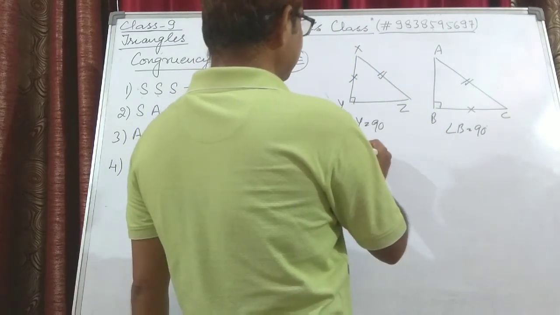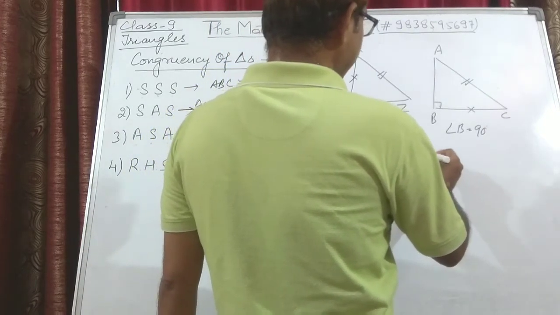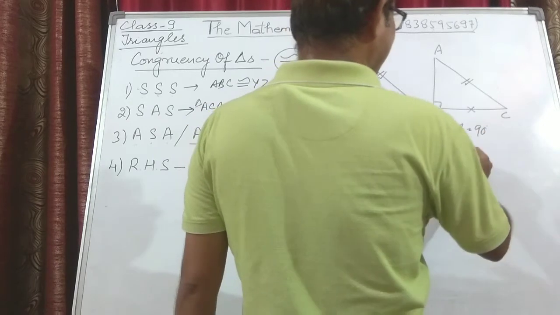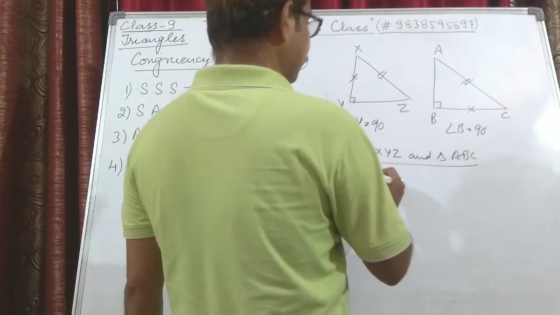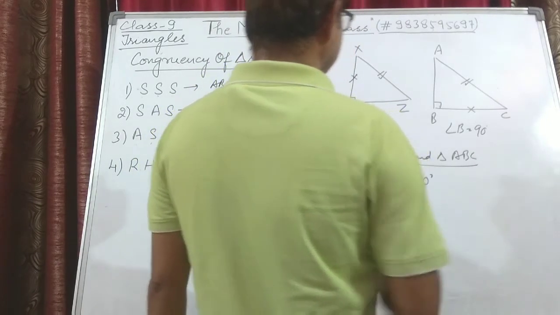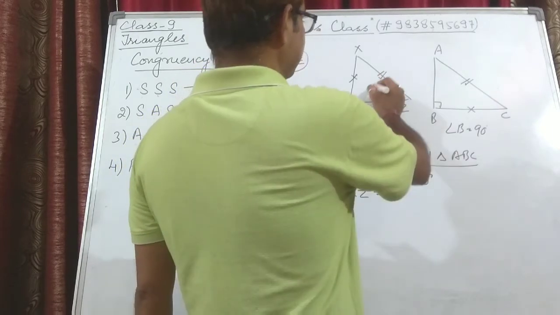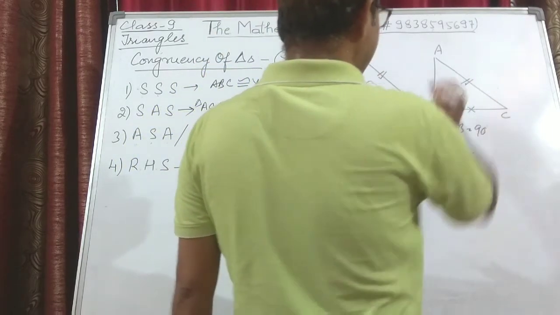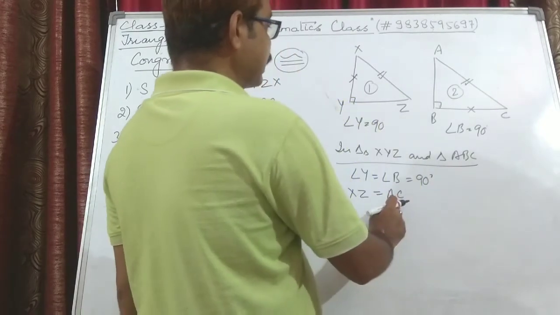So what can we say? In triangles XYZ and ABC, what do we find? First of all, angle Y is equal to angle B, that is 90 degrees. Second, XZ is the hypotenuse in the first triangle and in the second triangle the hypotenuse is AC, and these are equal.